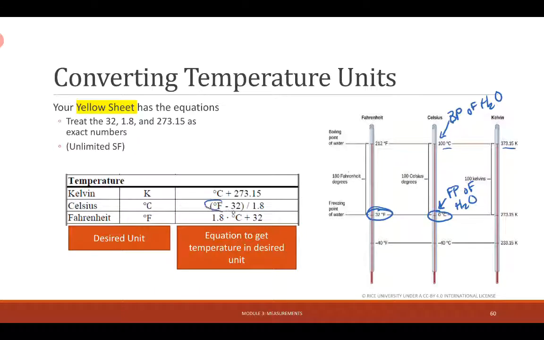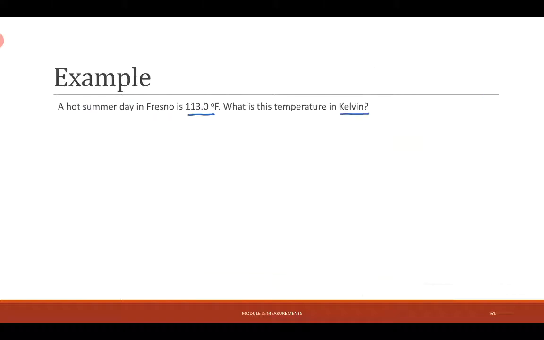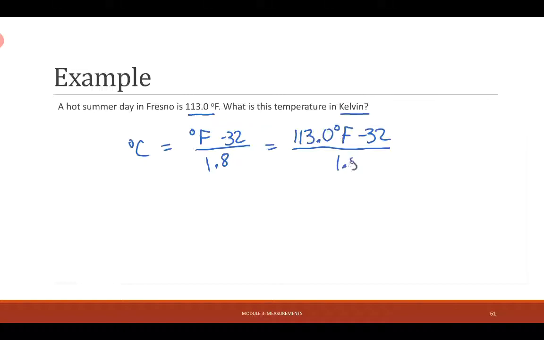I'm going to need both this equation and that equation in order to go from Fahrenheit to Celsius to Kelvin. So my degrees Celsius is equal to whatever my degrees Fahrenheit is minus 32, divided by 1.8. I have to treat the 32 and the 1.8 as exact numbers when I do this. So that's 113.0 degrees Fahrenheit minus 32, divided by 1.8.